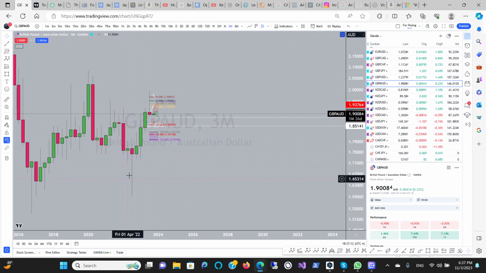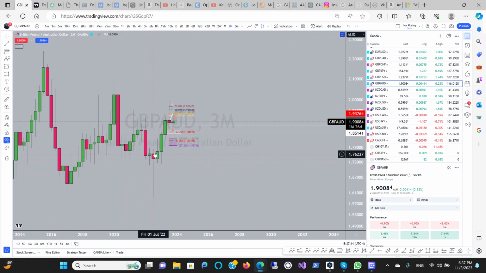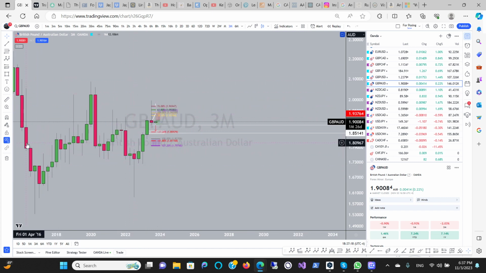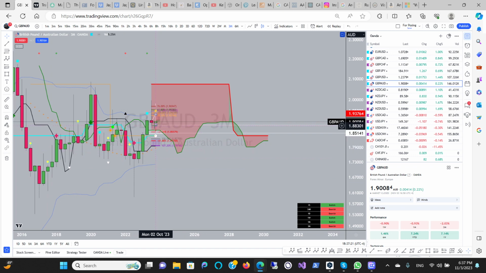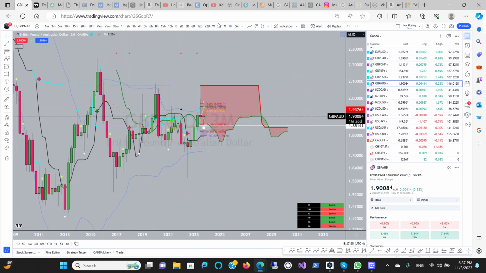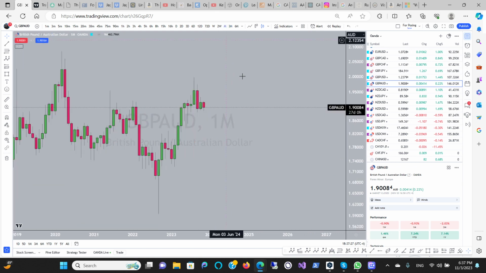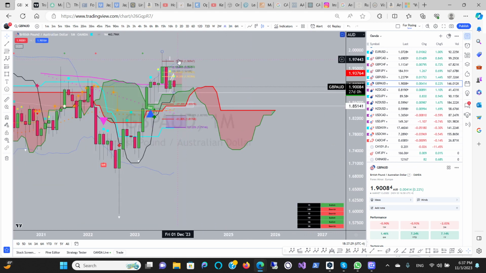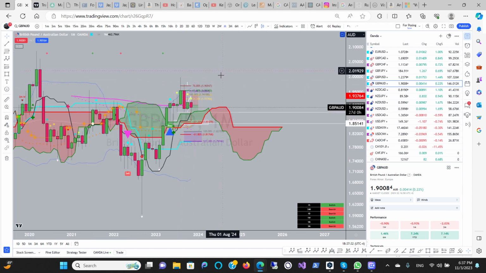Like this one, we had a long hammer, so it went up. So maybe it will turn around, and it's at resistance, right? So maybe it will turn around. Don't know.